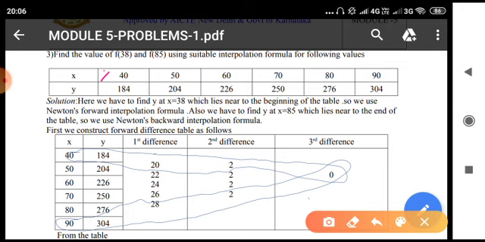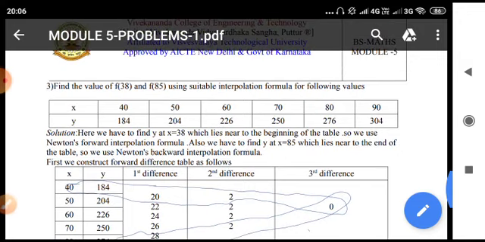So we use Newton's forward interpolation formula. Also, we have to find f of 85, that is, y at x equal to 85, which lies near the end of the table. So, in that case, we use Newton's backward interpolation formula.